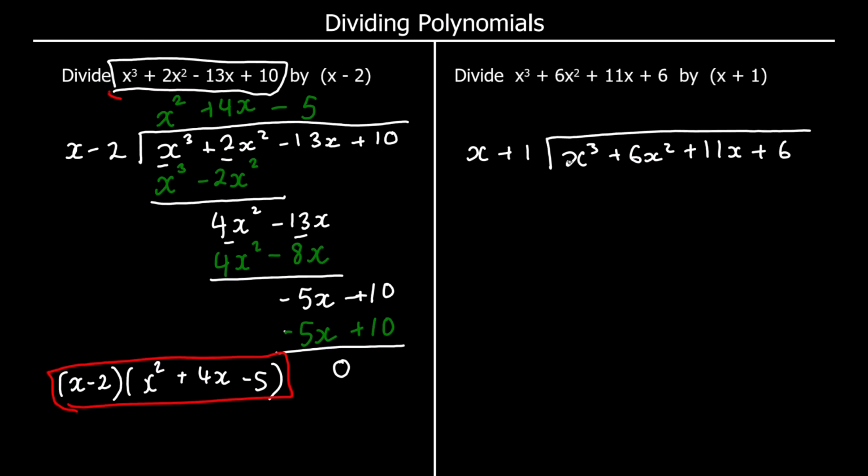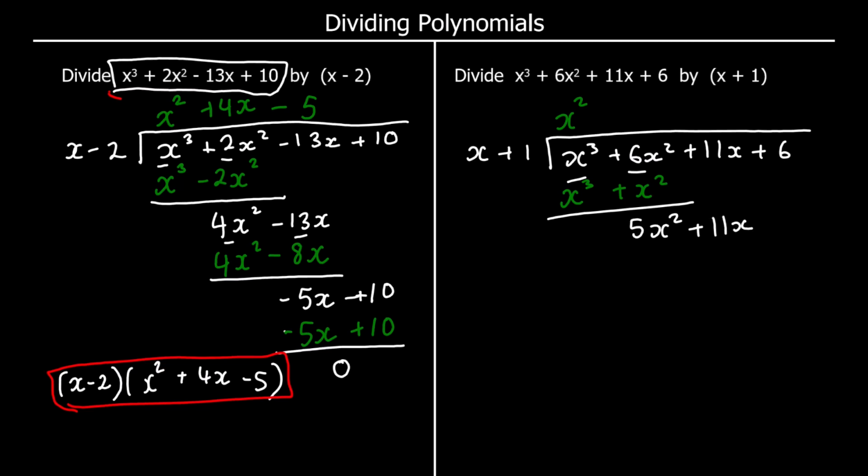So the first step, x cubed divided by x, that's x squared, times by the x squared, so that's x cubed plus x squared. Take away. X cubes cancel out. 6x squared take away 1x squared is 5x squared. Bring down the next term and repeat.